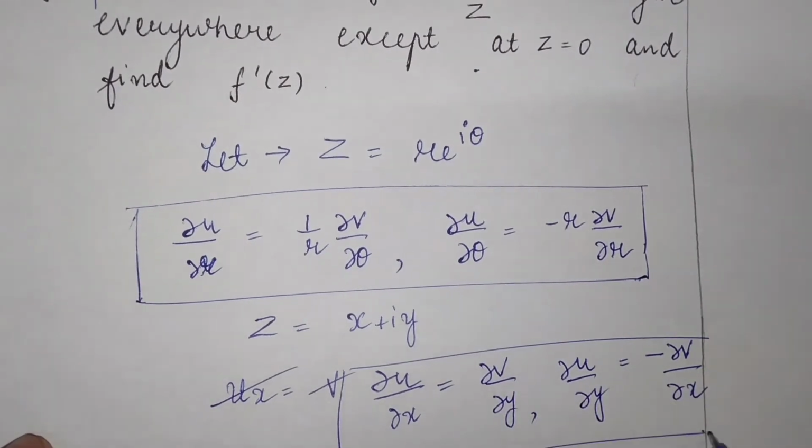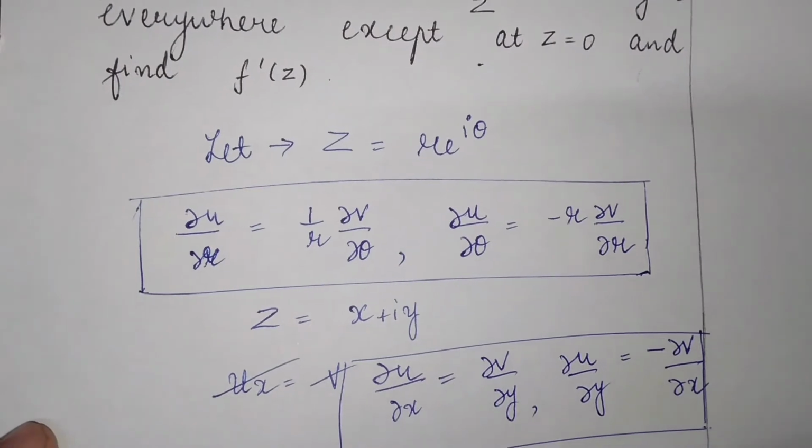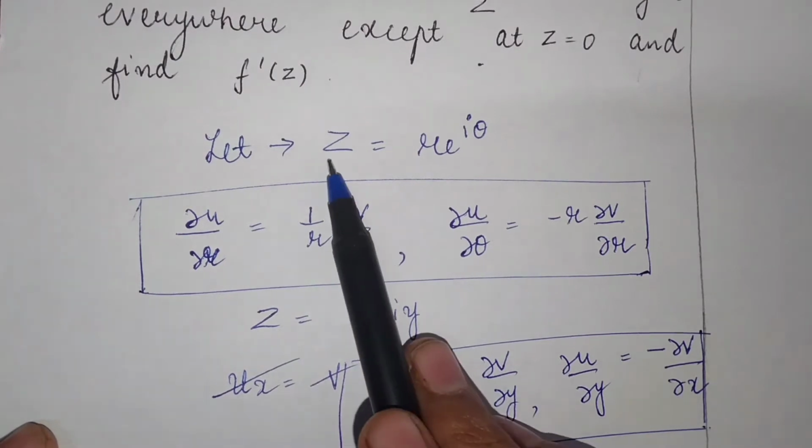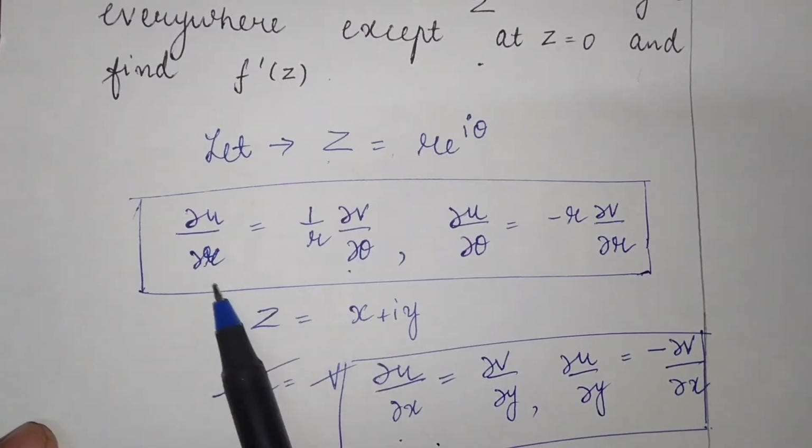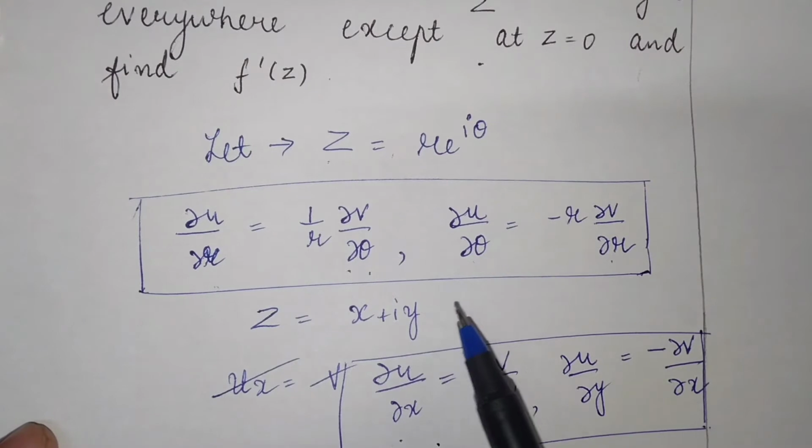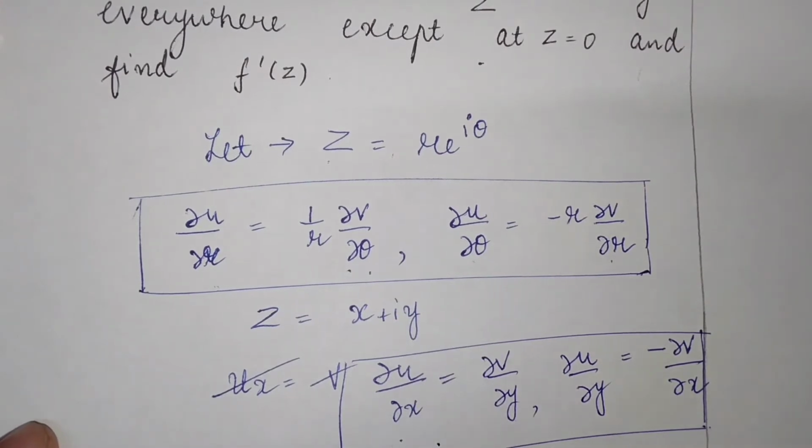So whenever you are using z equal to x plus iy form, you have to check this. But whenever you are going for polar form, then these conditions should be met, and from that we can say at which points the function is analytic.